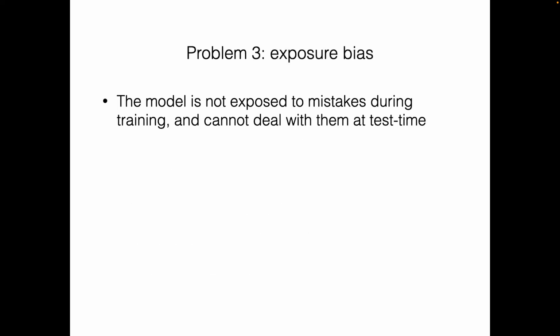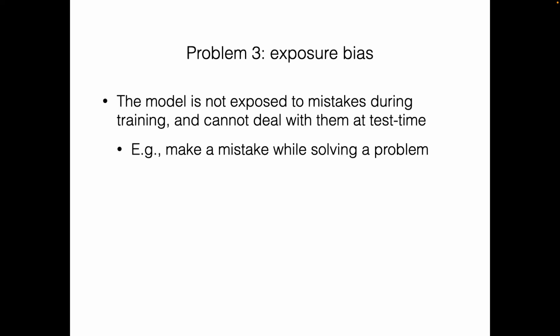And then the third, and this is somewhat of a technical issue, you could call it exposure bias. This is just saying that supervised fine-tuning in some sense tells the model to imitate the examples that we've shown it. But it doesn't really train the model on mistakes or on bad examples.